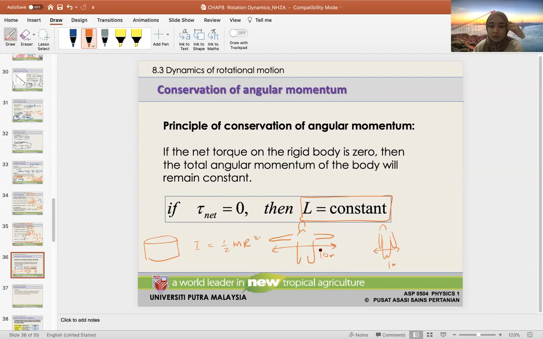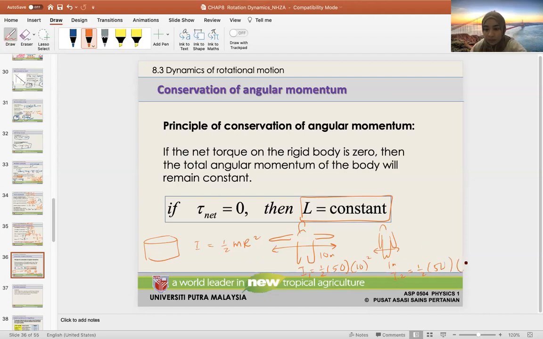Okay, so now when she is extending her arm, her I is 1/2, assuming her mass is 50. Okay, so R is 10 squared. So this is I1. And then this is I2, 1/2. When she is not extending her arms, she is putting her arms on her side.